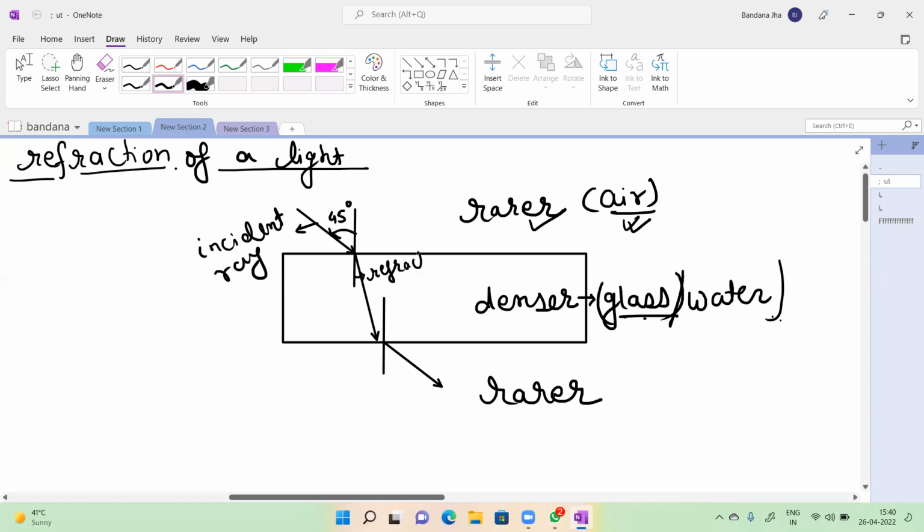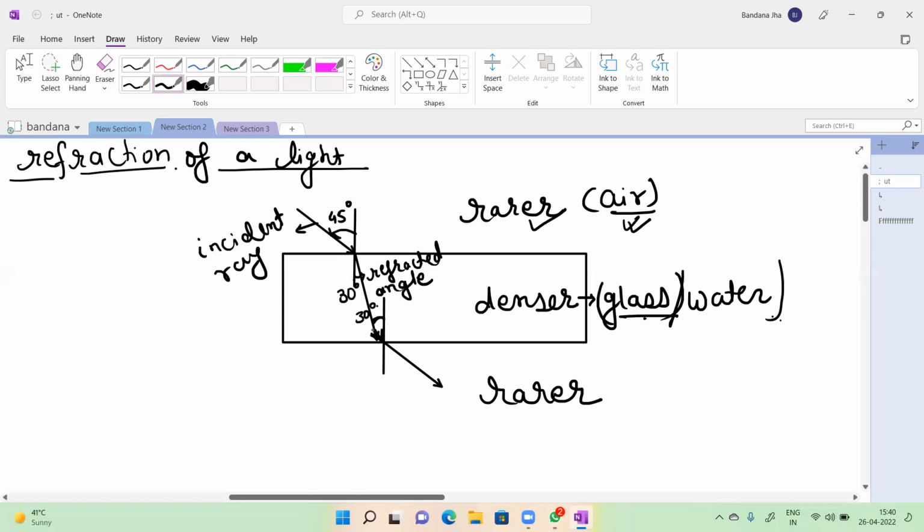Refracted angle. Suppose my refracted angle is 30 degrees, so it will be less. This angle is equal to this angle. This is also a 30-degree angle.